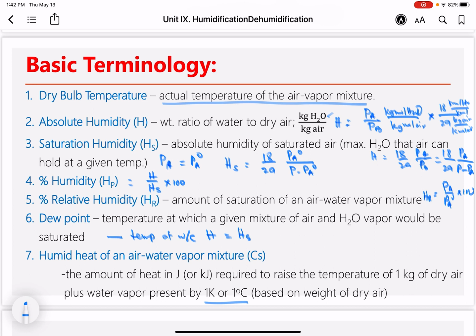And in SI units, we have CS equivalent to 1.005 plus 1.88 times your humidity, or in English units, it is equivalent to 0.24 plus 0.45 H. Okay?